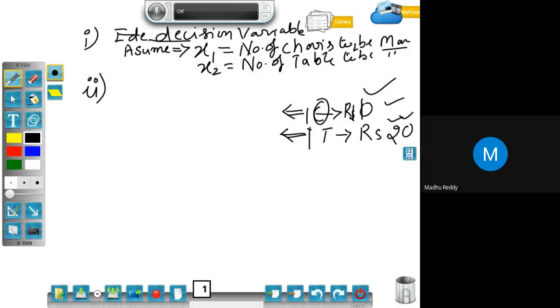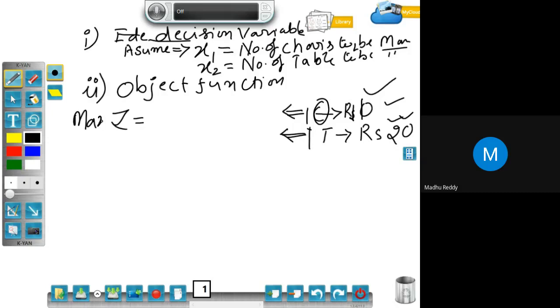So coming to the objective function. The second step is to specify an objective function. The objective function is always written as z equal to. So z will always be here.